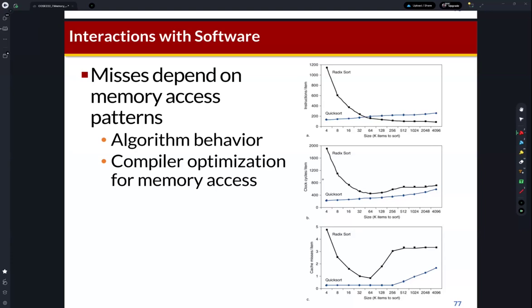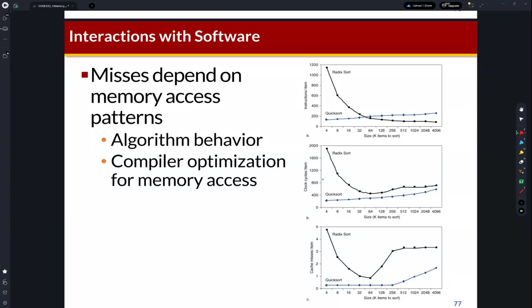Which means if we run different applications, then we can observe different cache hit rates or cache miss rates, obviously, right? Because access patterns are different by application.